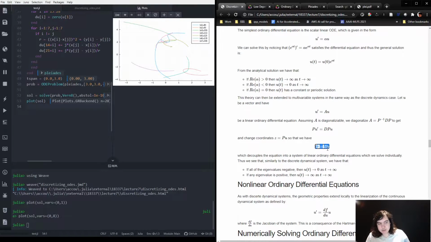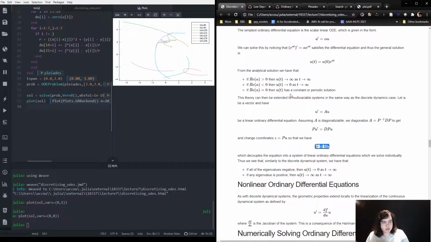And then we solve each of the scalar ODEs, and it gives us the same behavior, right? And so once again, it's all based on the eigenvalues. If all of the eigenvalues are negative, then in every direction we're going to 0, and so therefore u of t goes to 0. If any single eigenvalue is positive, then along that axis you'll find that the solution will go to infinity, right? And there's a very nice picture that we can draw for this.